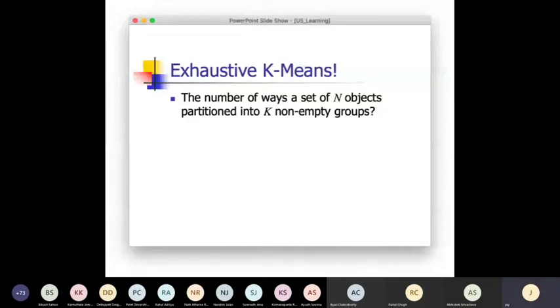Right. So the question is, how could you get this kind of optimum partition? Now, one way could be that I consider all possible partitionings. The number of ways a set of n objects can be partitioned into k non-empty groups can be expressed mathematically in this form. Here n is the number of data points, and k is the parameter of k-means, the number of clusters.